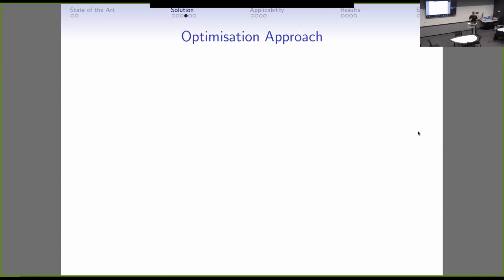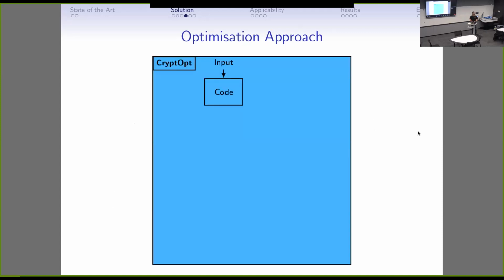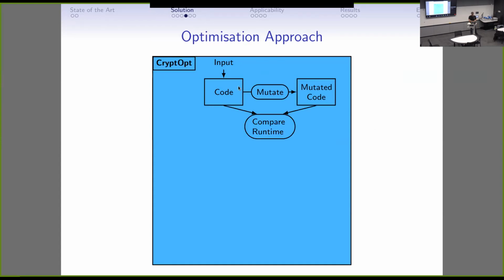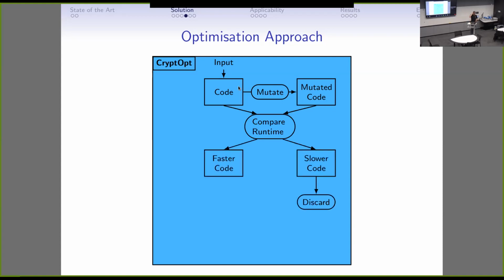So let's see, how do we optimize based on this approach? We have our input, which is the specification, and we generate some code from this input specification. We then mutate that particular piece of code and have a mutated piece of code. And then we compare the runtime of these two pieces of code. You usually have a faster code and a slower code.